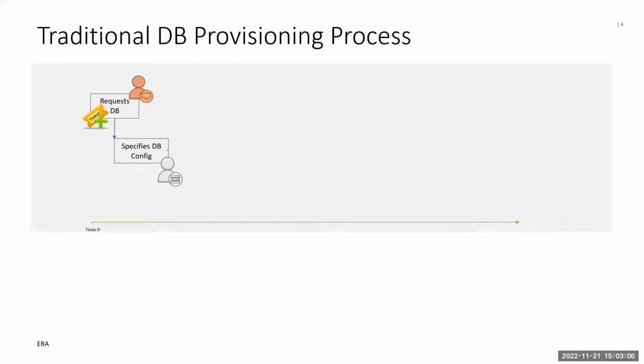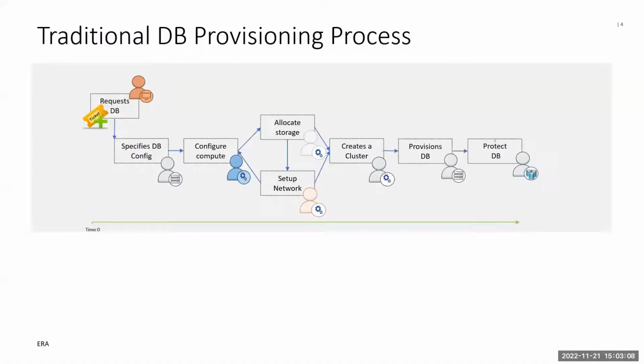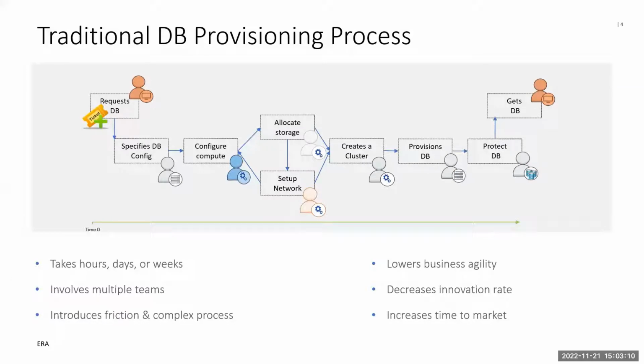So what's the traditional database provisioning process? A new database is requested by a development team or a test team. They request a database that goes to the database admin, who redirects the request to the infra team.